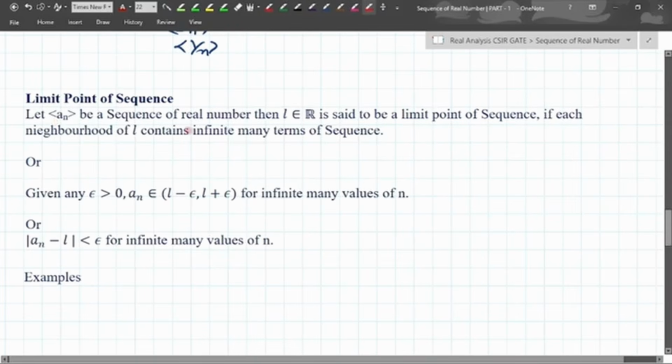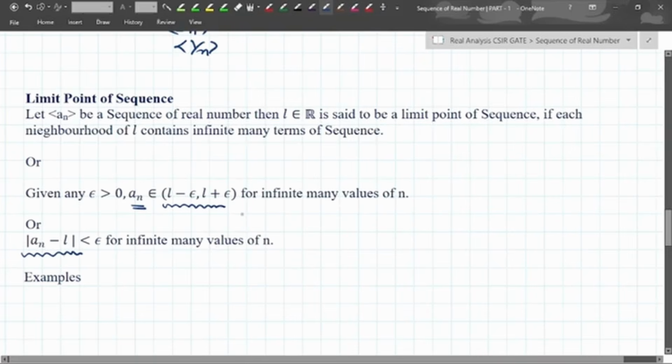It means if you have any sequence, a real number L is said to be a limit point of that sequence if each neighborhood of L contains infinitely many points of that sequence, for every epsilon greater than 0. Then, if it contains infinitely many points, it is the limit point.